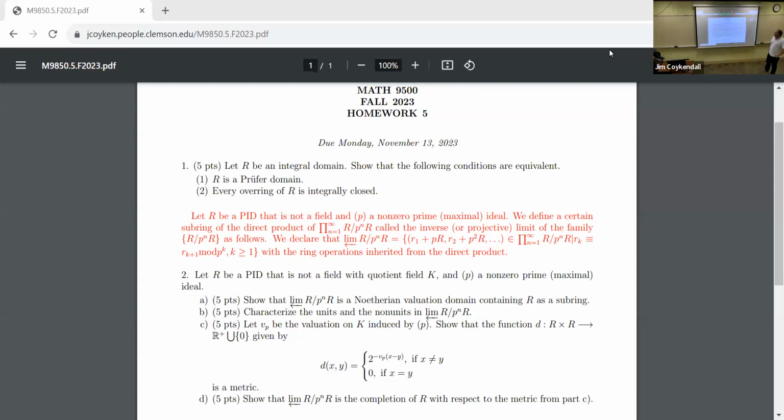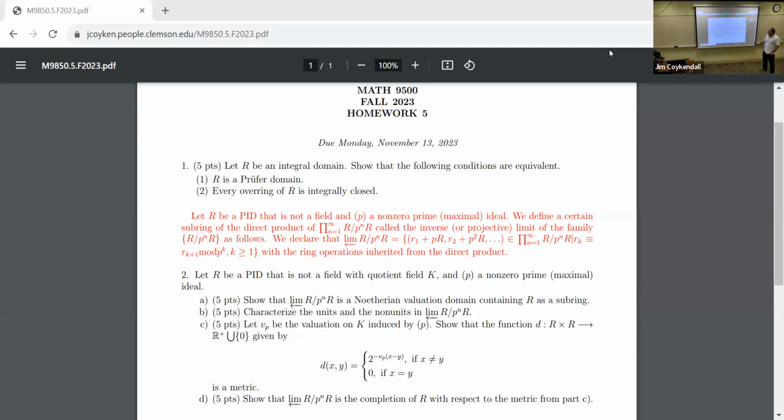Let v_P be the valuation on K induced by the ideal generated by P. Show that the function d from R cross R into the non-negative reals, given by d(x,y) equals 2 to the minus v_P of (x minus y) if x and y are different, and 0 if x equals y, is in fact a metric on R. It's a measure of distance that satisfies: d(x,y) is 0 if and only if x equals y, d(x,y) equals d(y,x), and you've got the triangle inequality.